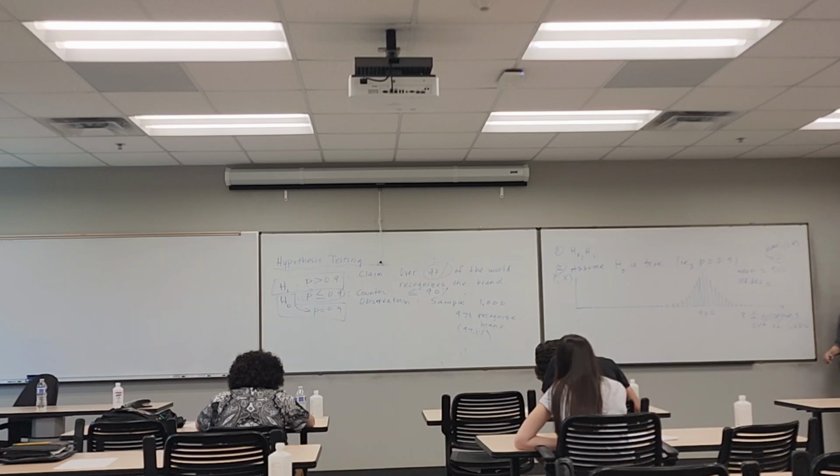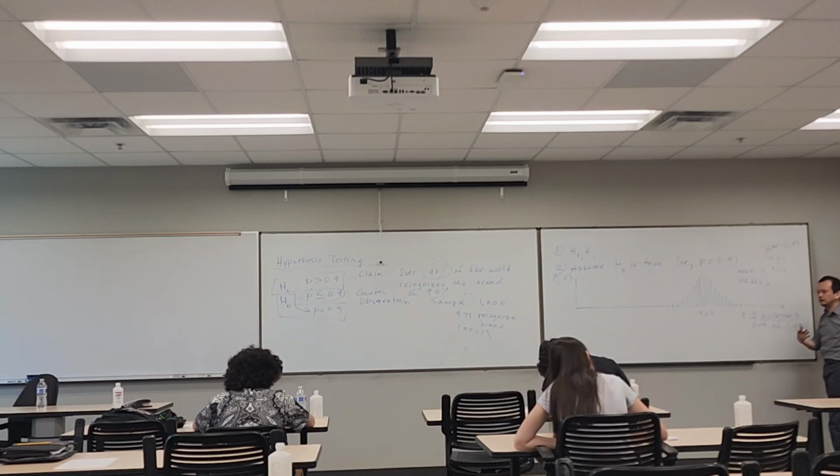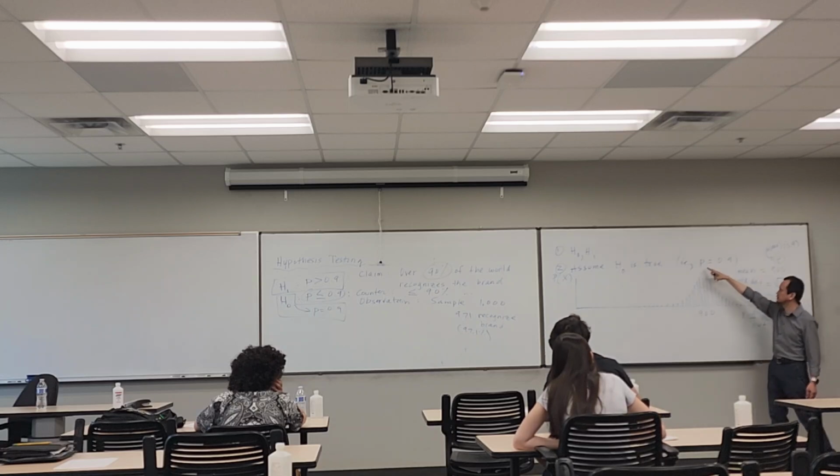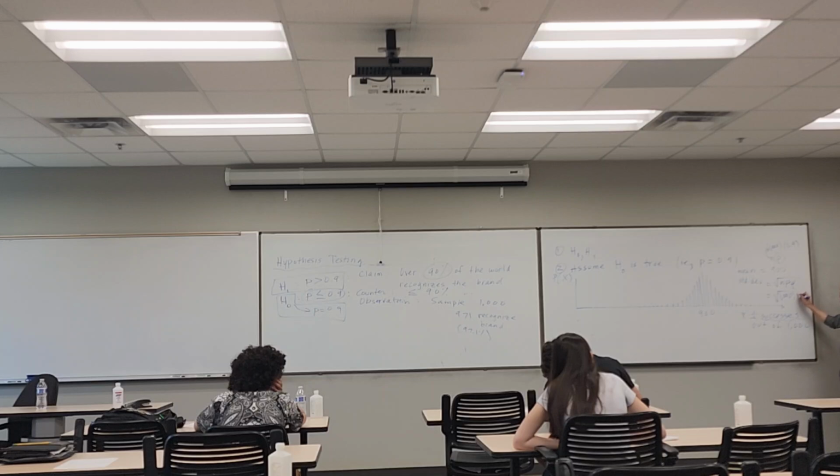So what would the standard deviation be? 9.49. Yeah, standard deviation will come from the formula, square root of npq, because this is a binomial probability distribution. So n again is the number in the sample, 1,000. p is the population proportion of success that we don't know, but we assume the null hypothesis is true, and that p equals 0.9. q is going to be 1 minus p, which is 0.1.